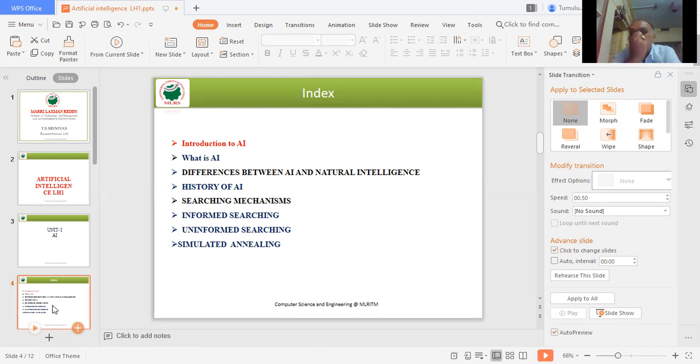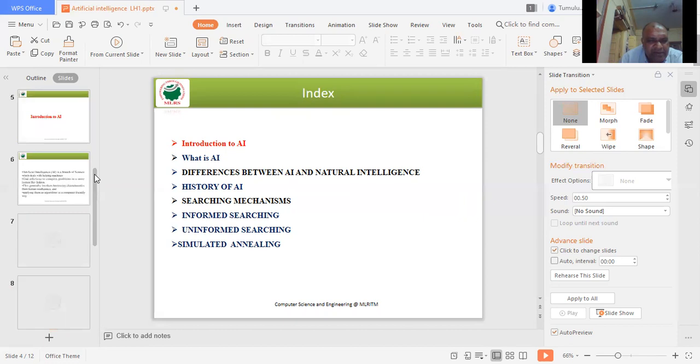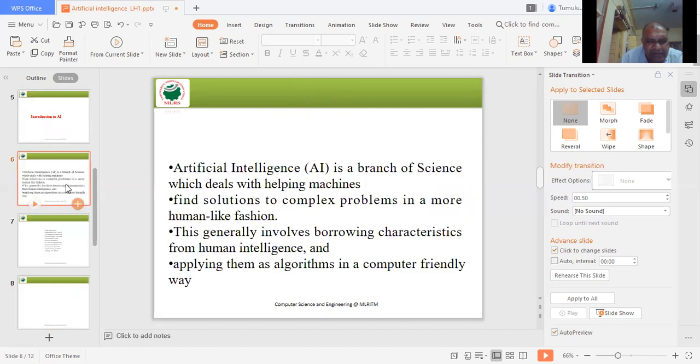In this we have two types of algorithms. So we are going to discuss at length the different algorithms that are used in the searching process in artificial intelligence. So we'll understand first what is artificial intelligence. Why is artificial intelligence popular these days?